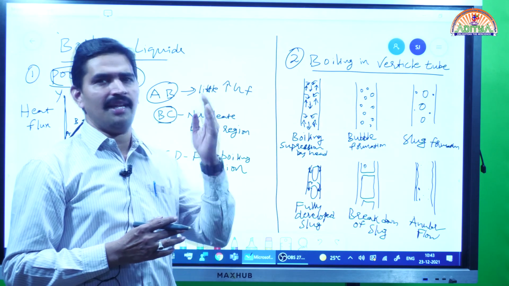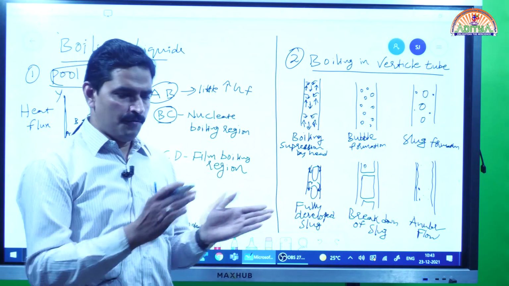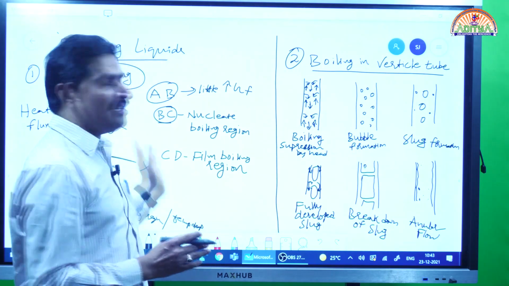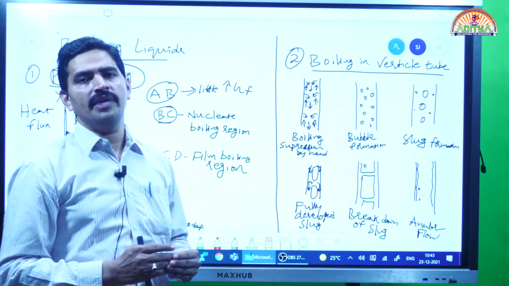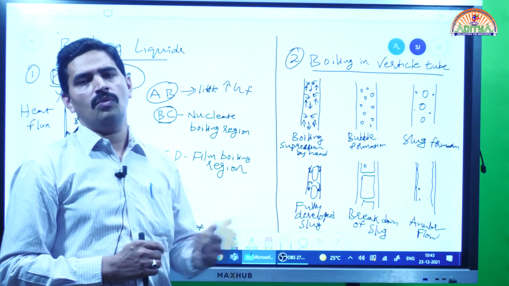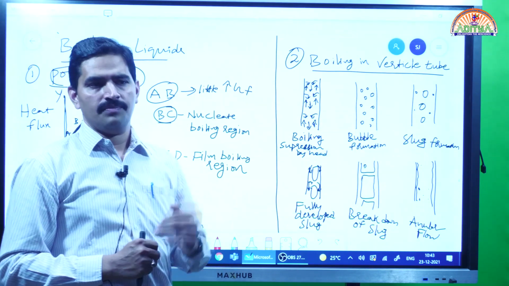So initially the rate of heat flow is going to increase because delta T is more between the cold water and the heater.